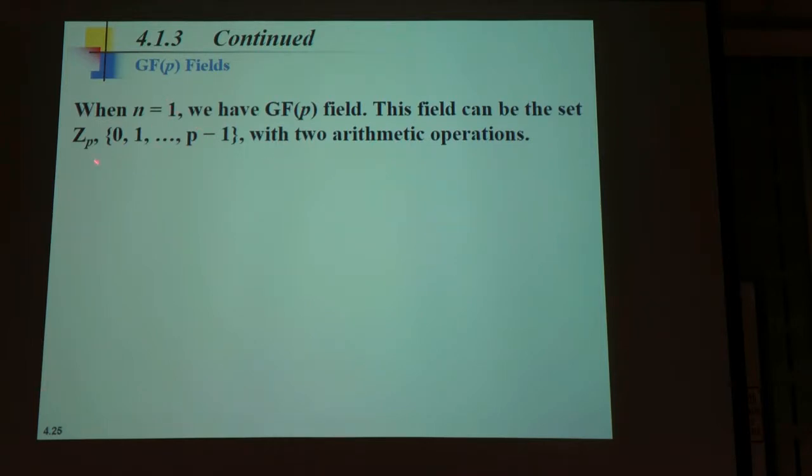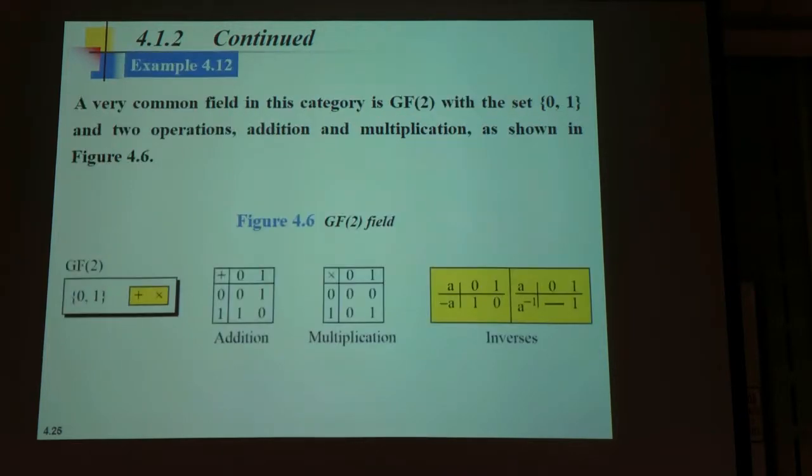So Z_p is 0, 1 to the prime minus 1 with 2 arithmetic operations. So let's take a look. A very common field in this category is GF(2). 2 is a prime, right? So what are the numbers? They will be 0 and 1. The field is 0 and 1. That's a set, 0 and 1. Okay? And 2 operations.